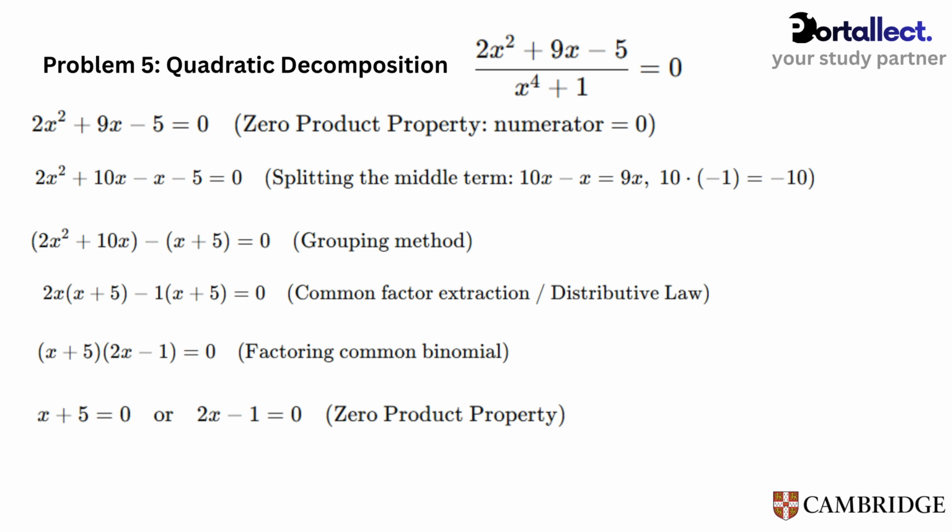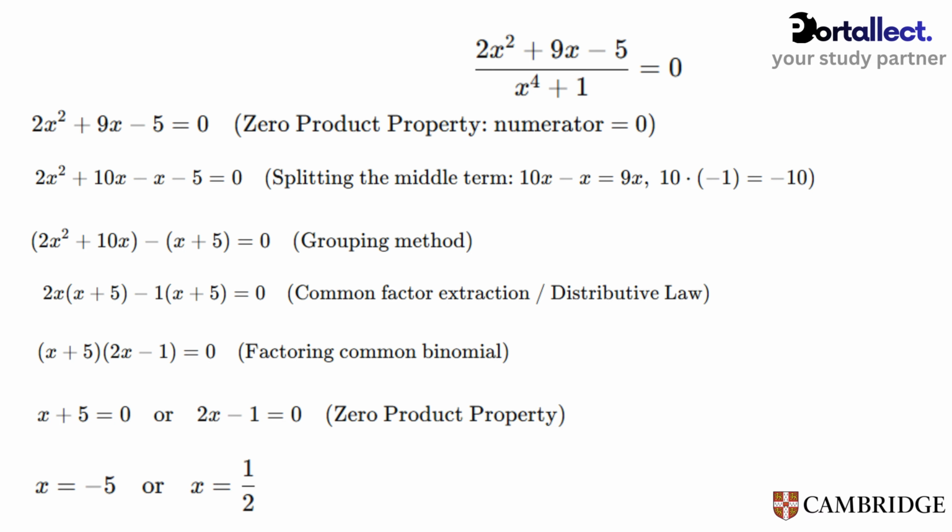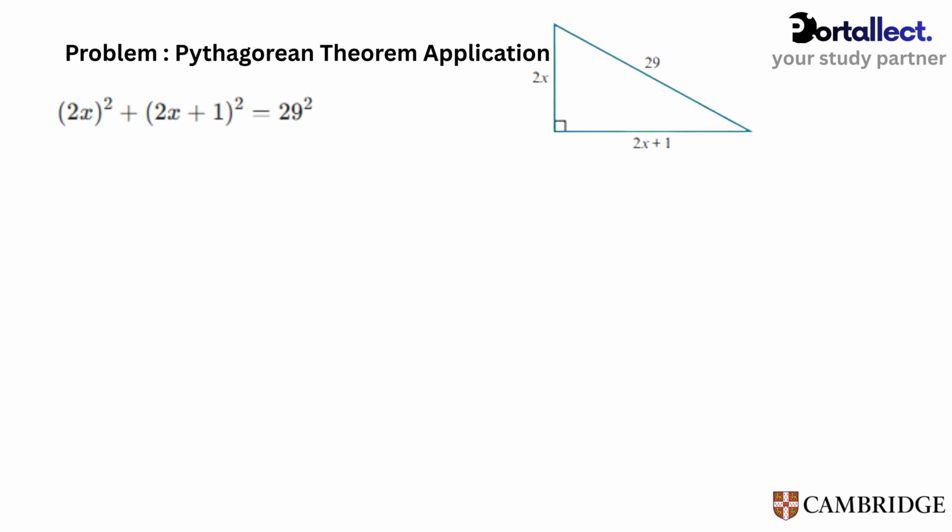Setting each bracket to 0, we solve for x. From the first bracket, we find x equals 0.5, and from the second, x equals -5. Since the denominator x to the 4th plus 1 is always at least 1, it can never be 0, so both our solutions are perfectly valid. In problem 10, we are solving for a side length in a right-angled triangle using the Pythagorean theorem.